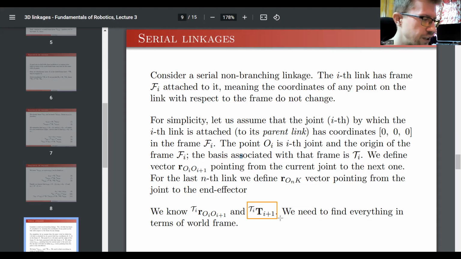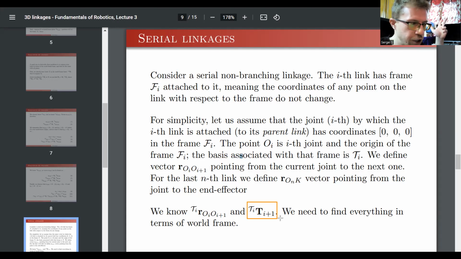Did you catch what I just said? It's a transformation: how do you need to rotate the previous frame to get the next frame? Perfectly legitimate, right? Let's say you have two frames, and you want to transform this frame into this frame.